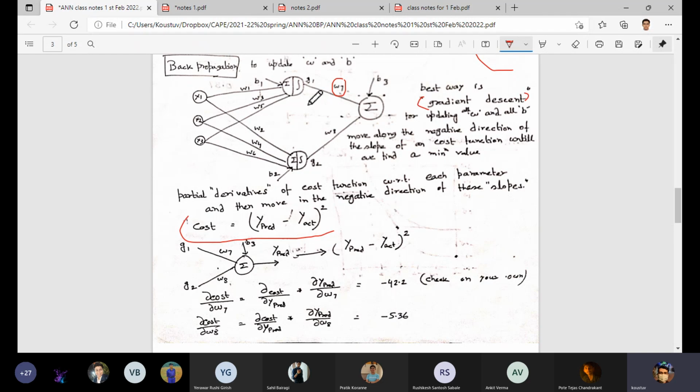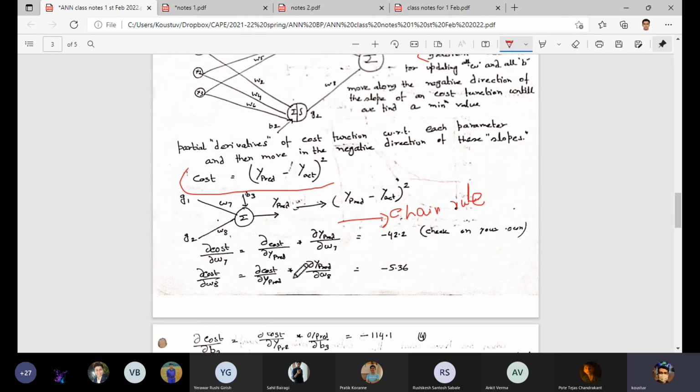No, because the cost function has just the predicted and actual values. So it is del cost del y pred into del y pred by del W7. It's basically the chain rule we have introduced, and in all these calculations, we have to introduce the chain rule of calculus differentiation everywhere to update all the weights and get the new values of W.